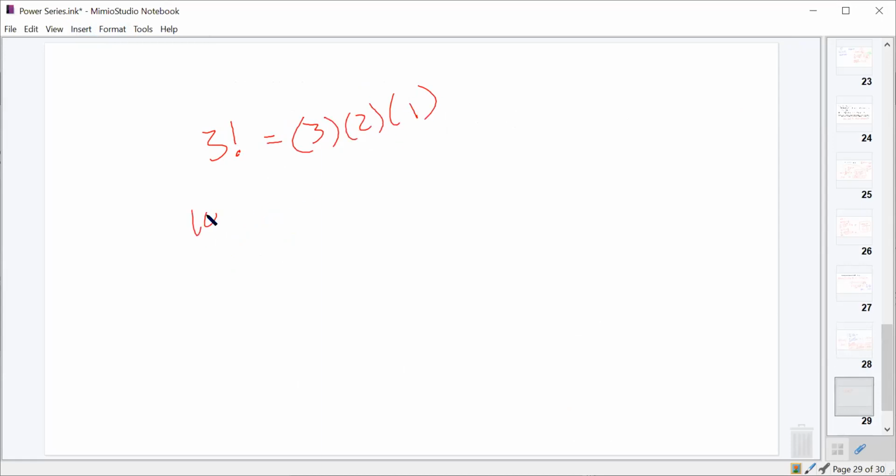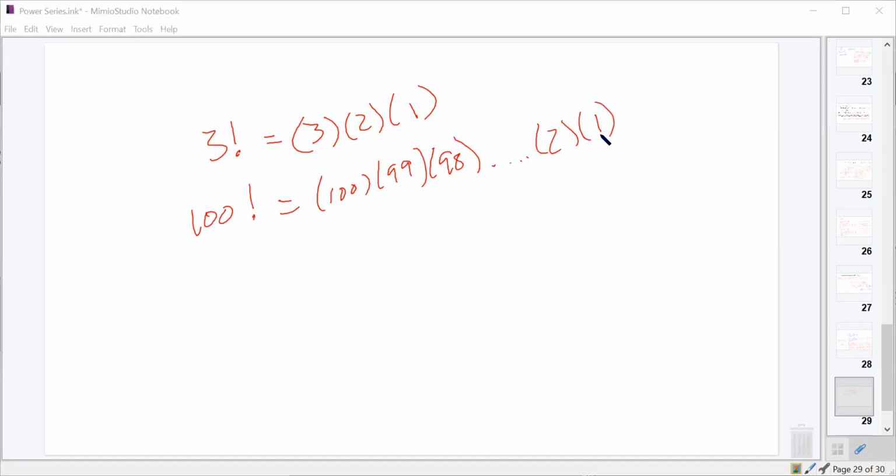If I said 100 factorial, that means 100 times 99 times 98 times 2 times 1. Just take all the numbers and multiply it down, multiplying every single number in between. Everybody good with that?